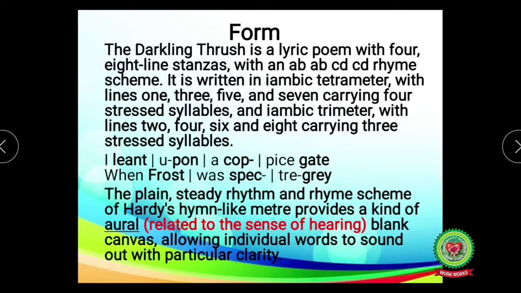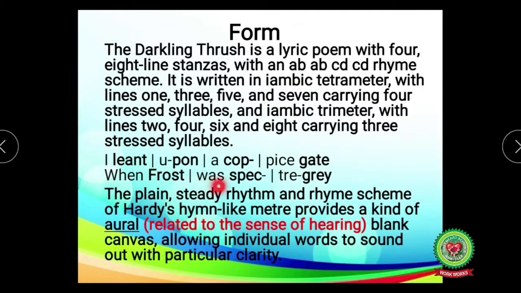So in the first line, we have iambic tetrameter, where we have 4 stressed syllables: lent, pon, cop and gate. So these are 4 stressed syllables. One unstressed syllable is followed by one stressed syllable. We can see one unstressed syllable followed by one stressed syllable in this line.